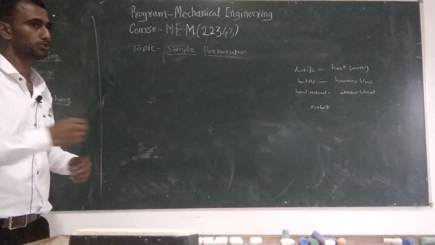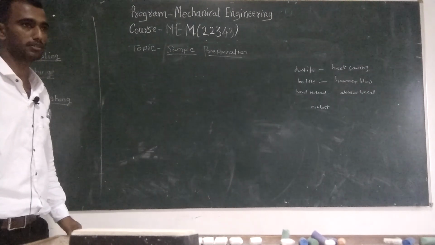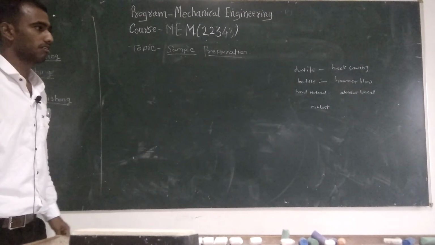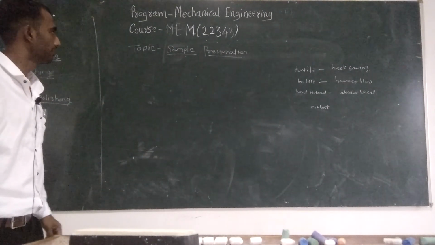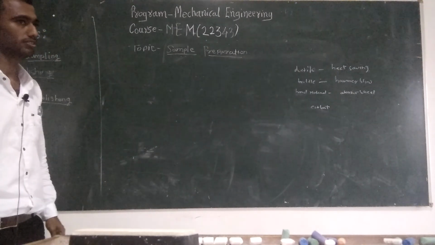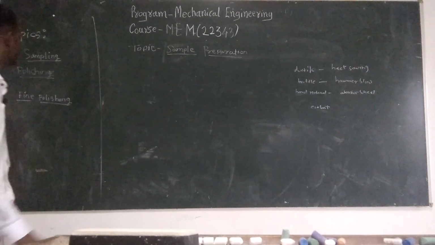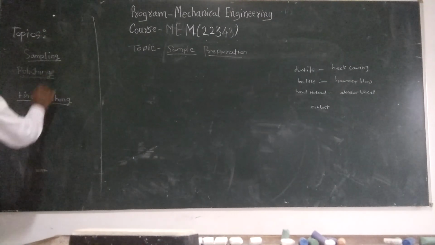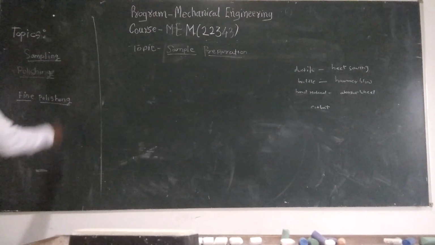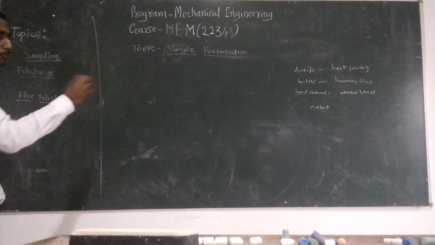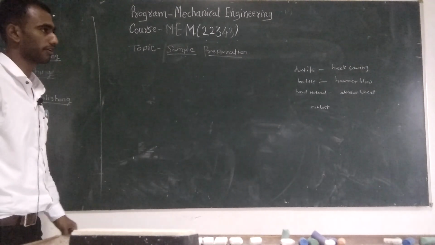So there is some procedure to take a sample from that material or alloy. It includes different processes, that is sampling and polishing. We have to carry them out in order to prepare a sample of a particular metal or alloy.